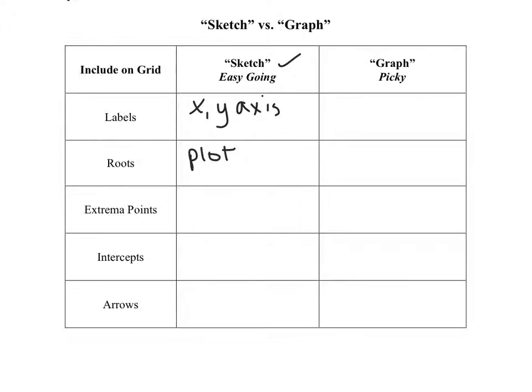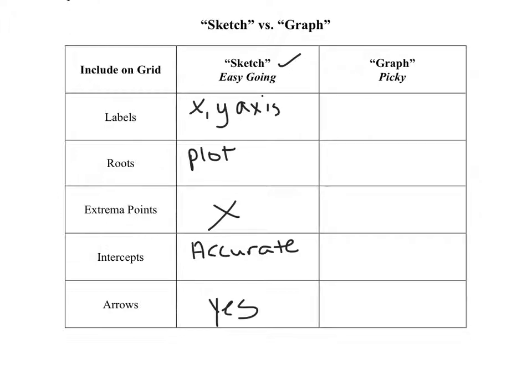You might want to get somewhat accurate, but we don't really care about extrema points. Intercepts should be fairly accurate. If you're going through an axis, then you should probably have a good one. So if you're going through the y-axis, make sure you plot the y. And arrows, yes, you should have arrows.